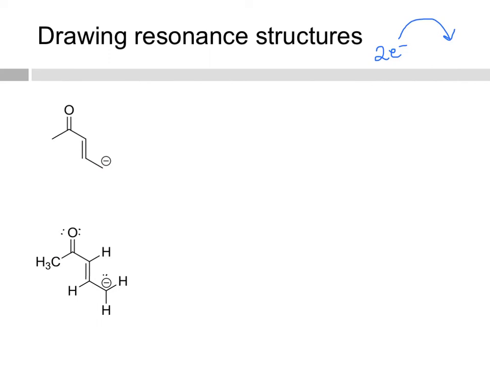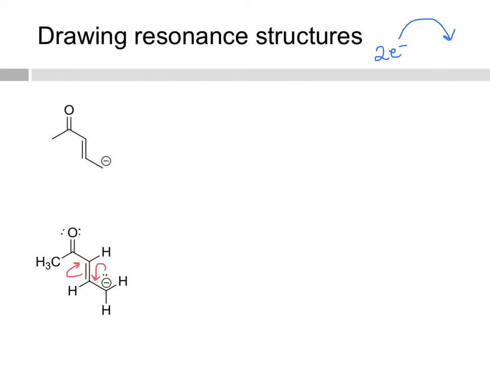So starting from where the electrons are at, we can make a new pi bond between these two carbons here. As we make a pi bond here, we are exceeding this carbon's valency. We cannot do that, so that means we have to break a bond from this carbon. And that's going to be this pi bond, which is going to push the electrons onto this carbon here.